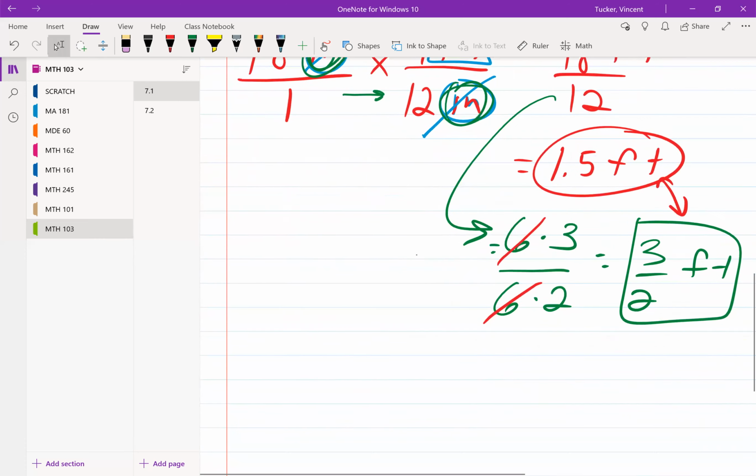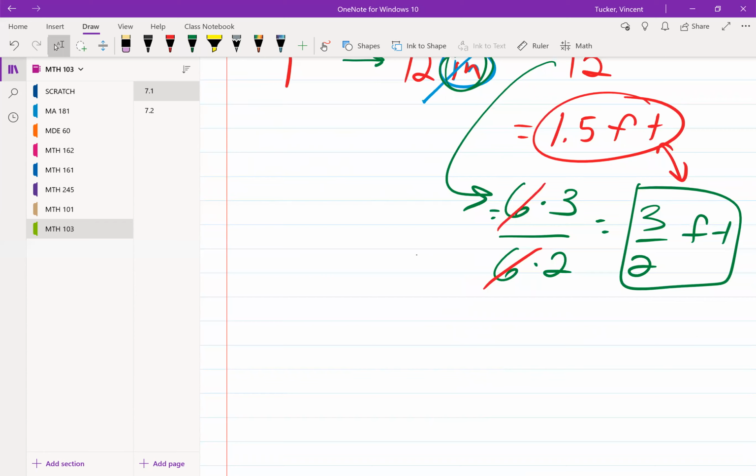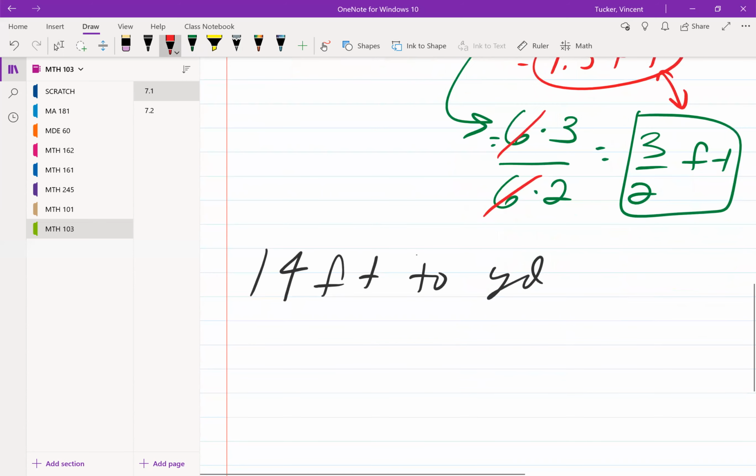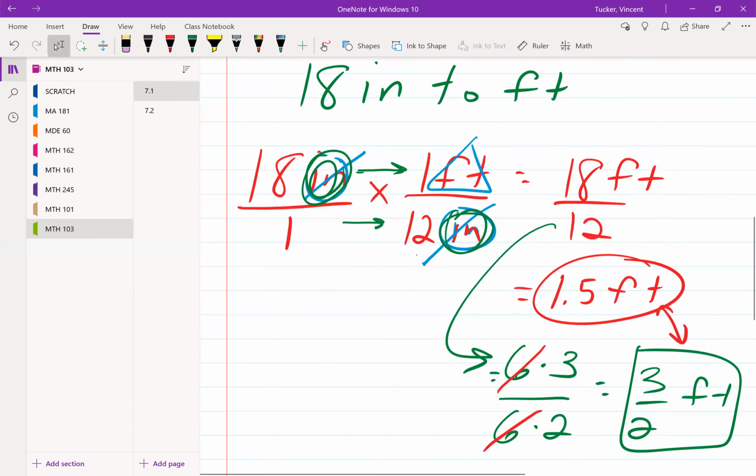Okay, so let's try that again. Let's go 14 feet to yards. All right. So we start off with 14 feet over 1. Now I need the conversion factor of feet to yards.